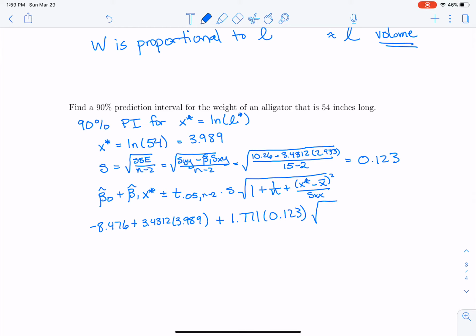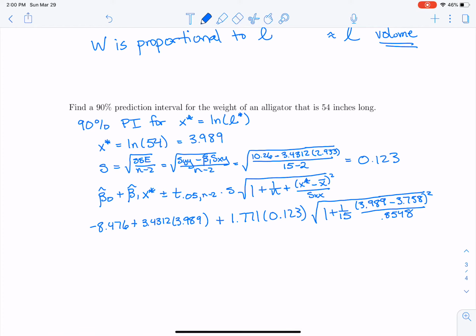And then I'm going to take the square root of 1 plus 1 over n, which is 15, times 3.989 minus 3.758 squared. And then I'm going to divide that by S sub xx, which was 0.8548.